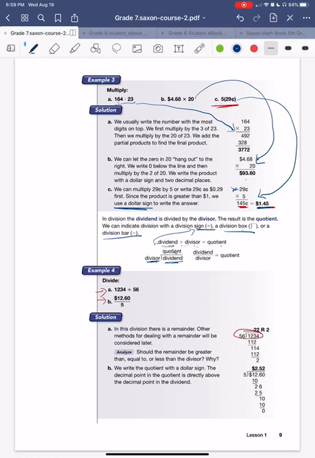So your divisor, which you see right here, this number here, which is your second number that you would see when you're using the sign, would actually now become first, okay? So your divisor, your dividend, and then your quotient. On the other side over here, you have your division bar. And in the division bar, you have your dividend on top divided by your divisor, which equals your quotient.